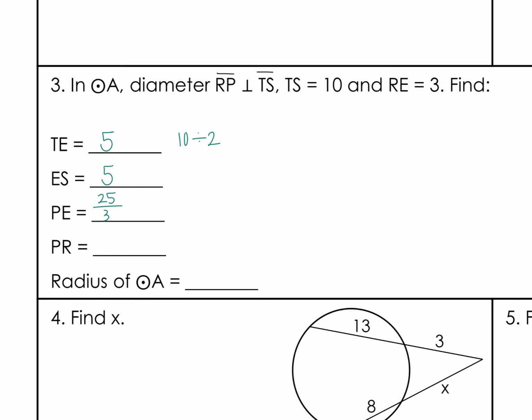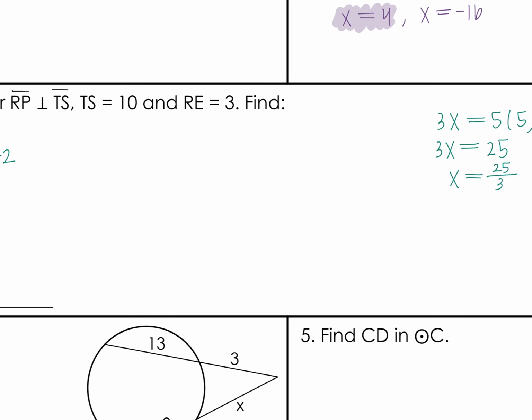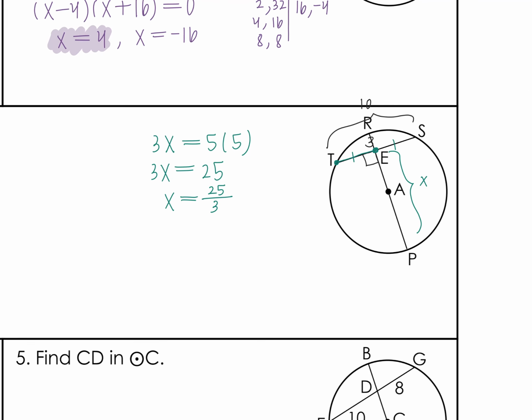Then I need to find PR. So let's look at this picture. What is PR? PR is the entire line, okay? So we're going to take that PE, that 25 over 3, plus we're going to add that 3 to it. Well, in order to get the denominator to be the same, I'm going to take that 3 and change it into 9 thirds.